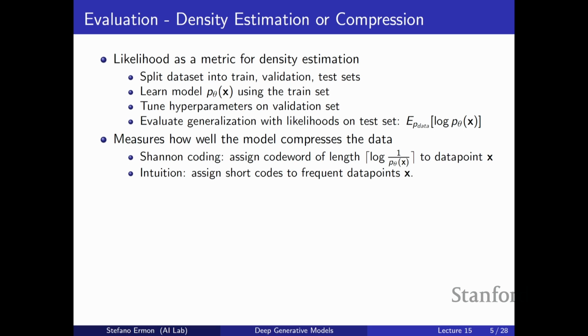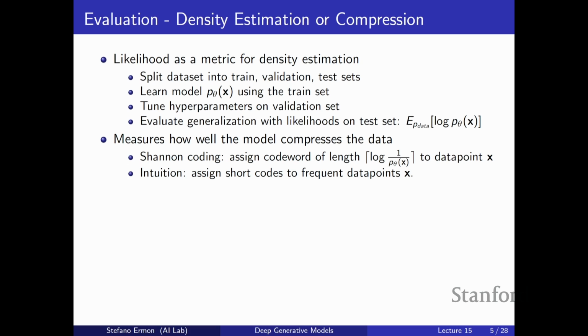And to see that, it turns out that there is a way to take a probabilistic model and map it to a compression scheme, where what you would do is you would encode a data point X to some string that can be decoded back in a unique way, and the length of the string basically depends on the probability of the data point.